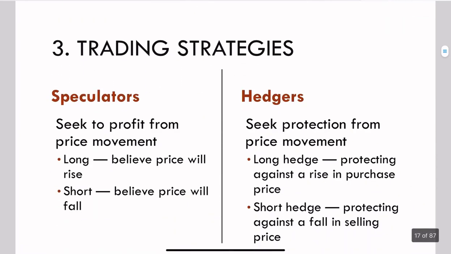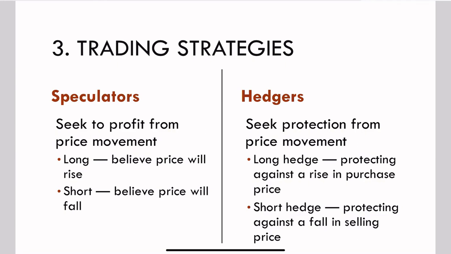Okay, now let's talk about trading strategies. So basically in the futures market, just like in the options market, we have 2 kinds of traders, right? The first type is the speculator. The second type is hedgers.